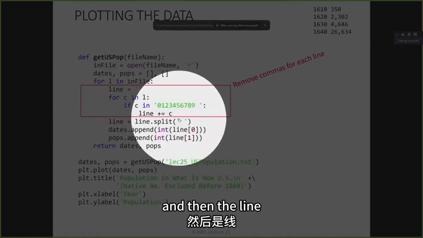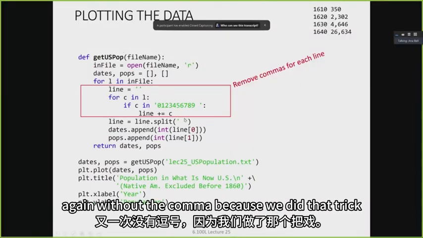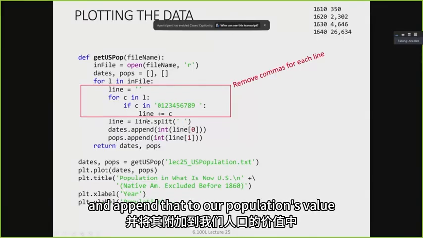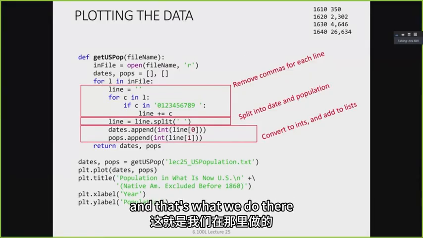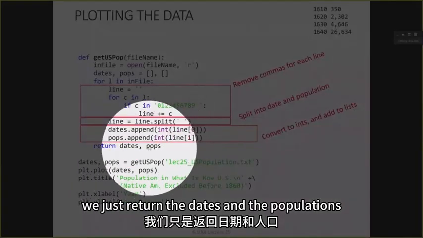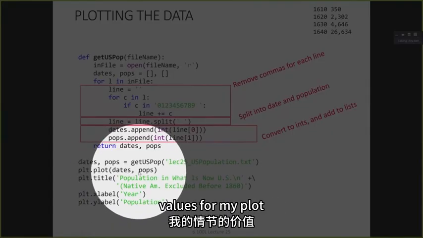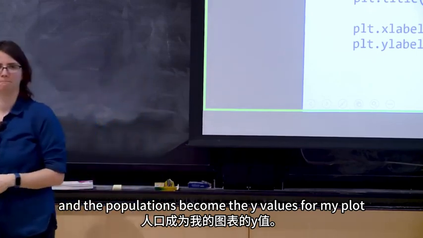And then the item at index 1 is the thing after the space, again without the comma, because we did that trick. Then we cast that to an integer and append that to our populations. Okay? So that's what we do there. And from there on out, we just return the dates and the populations. The dates become my x values for my plot, and the populations become the y values for my plot.